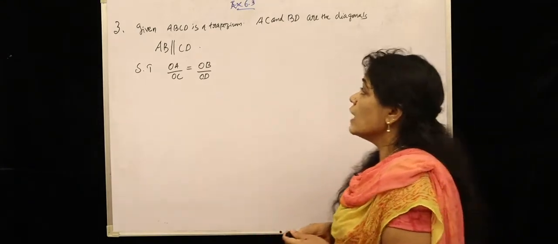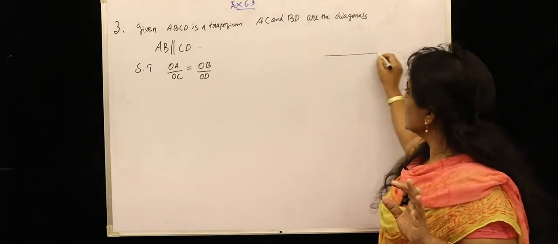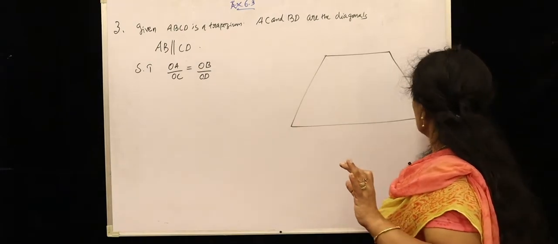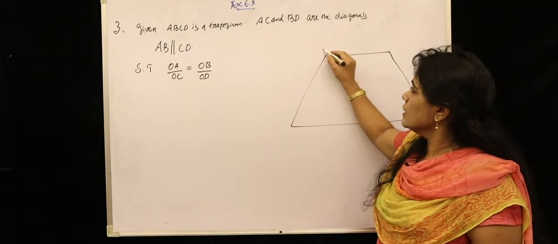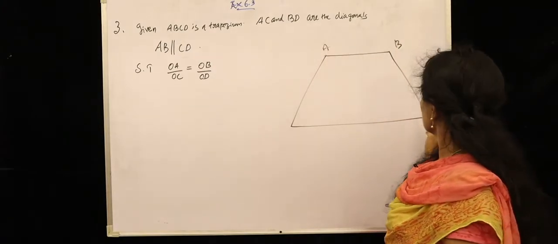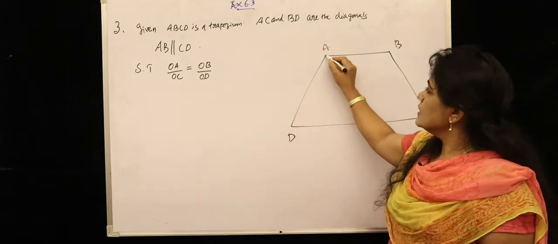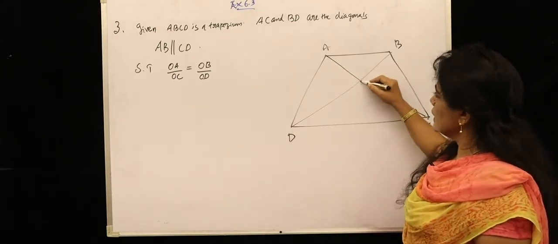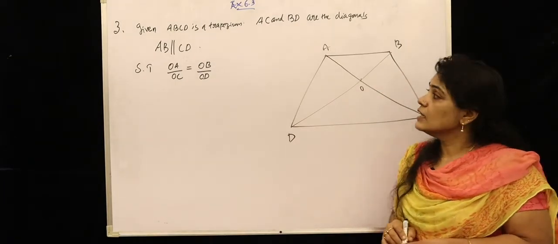Okay, first of all, ABCD is a trapezium. So I am drawing a trapezium ABCD such that AC and BD are the diagonals. So I am marking in clockwise direction ABCD and the diagonals AC and BD intersecting at the point O. Okay, and what all things are given?